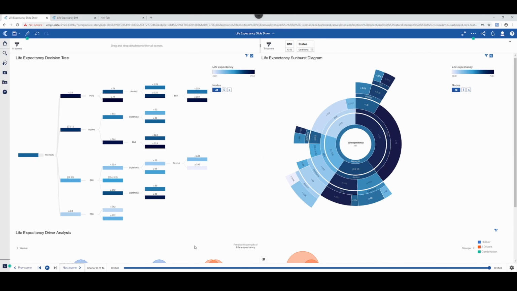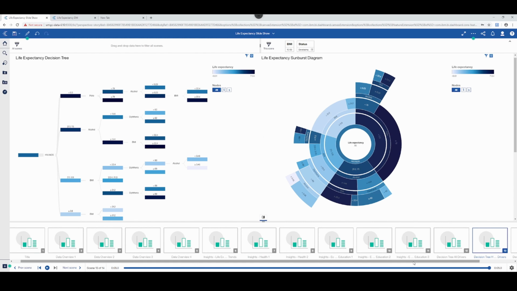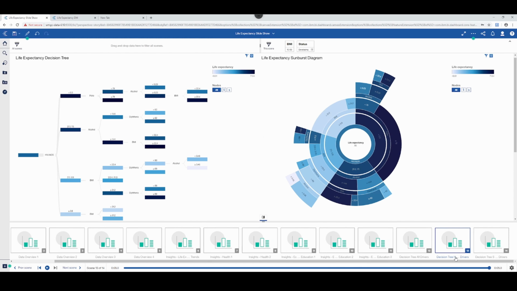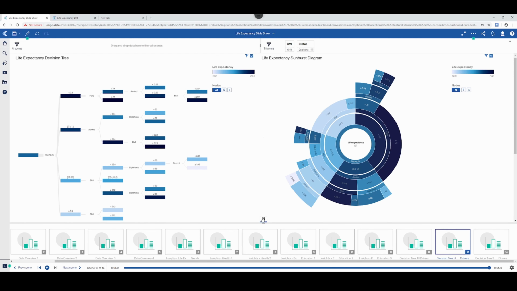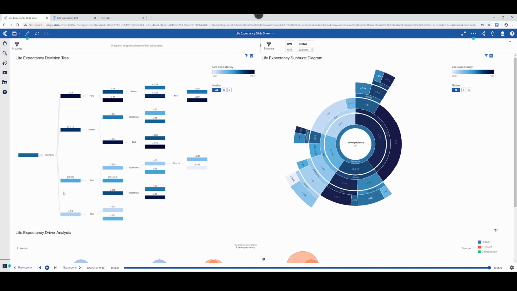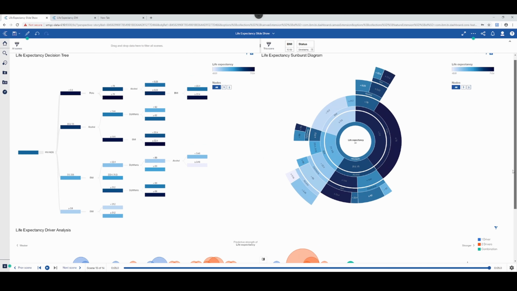Okay, so here's scene 13. These are decision tree models using only the health drivers. So in this case, we fed Cognitive Analytics just the health-related drivers. Unfortunately, it looks like body mass index is probably not a good one to use just because the data doesn't seem correct.